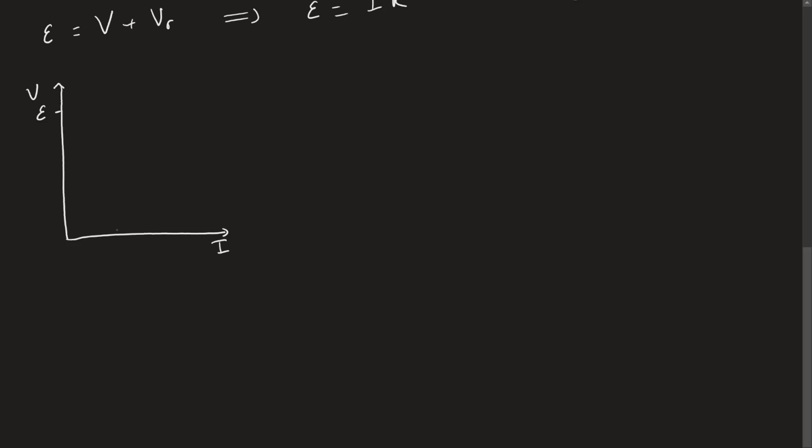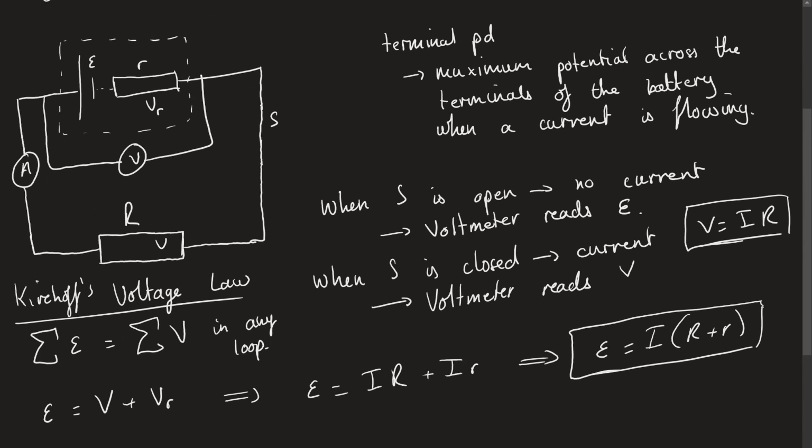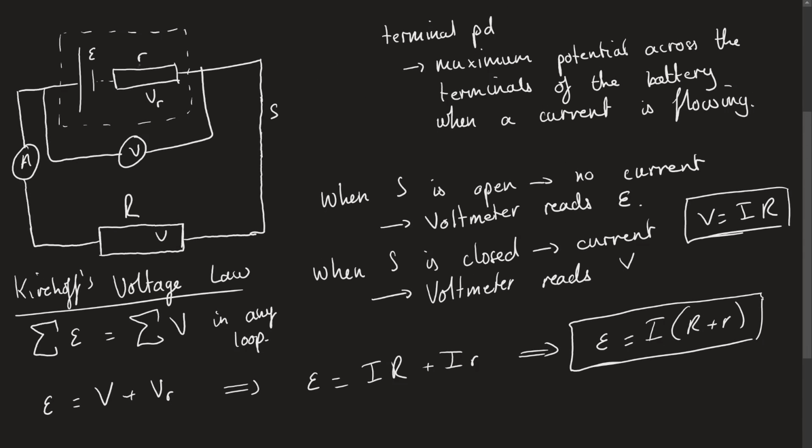Okay. As I slowly increase the current, I know the terminal PD is going to decrease. Now, the terminal PD decreases because if I increase the amount of current traveling through this resistor, since V is equal to I times little r, if I increase the current, I'm increasing the potential here, which means the total potential that we get given out by the battery is going to decrease.